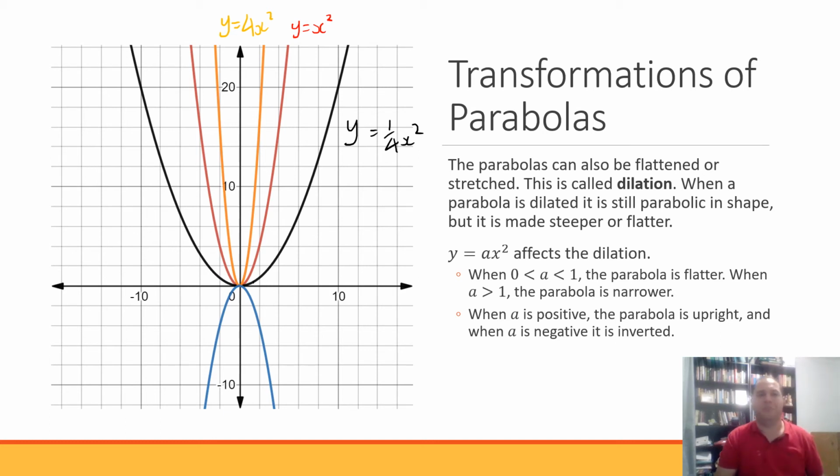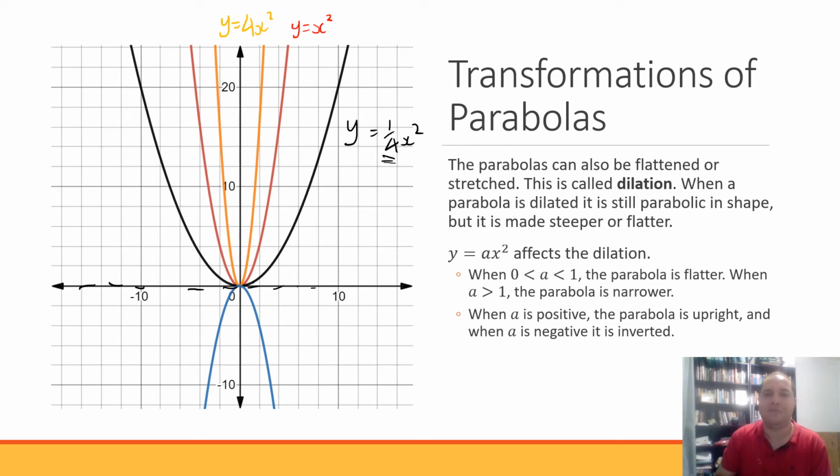Notice the bigger the dilation number, the more it's stretched, the steeper it gets. The lower our dilation factor is, the flatter it gets, until eventually, if it's 0, it just ends up being a horizontal line, flat and straight.